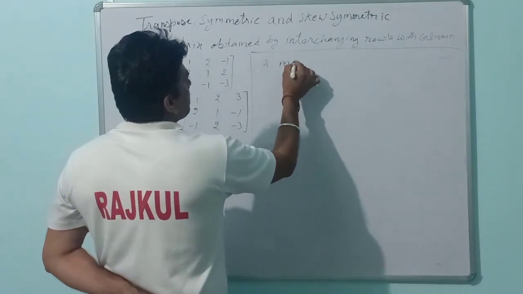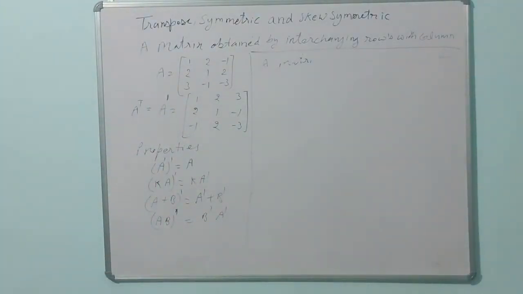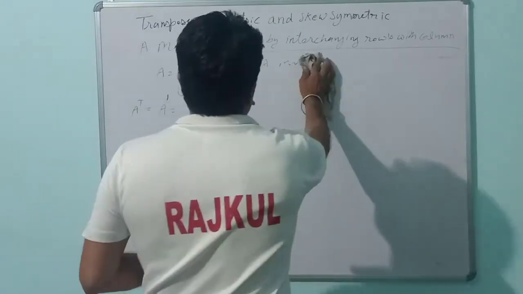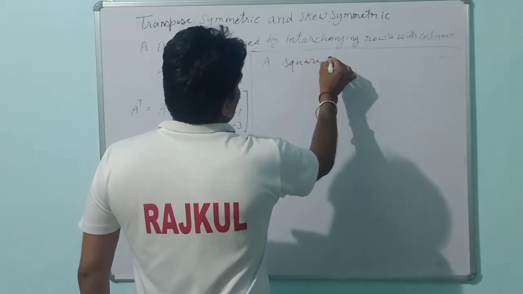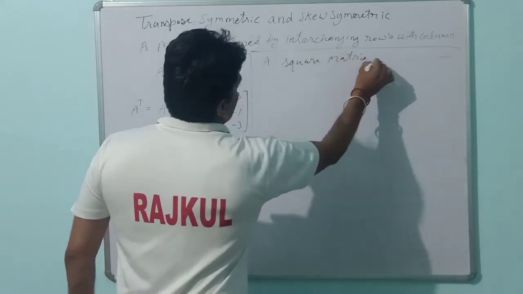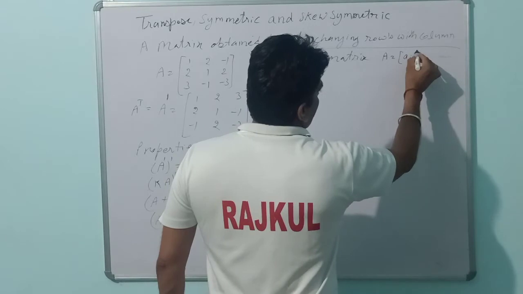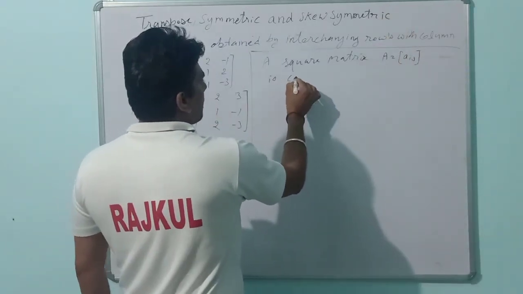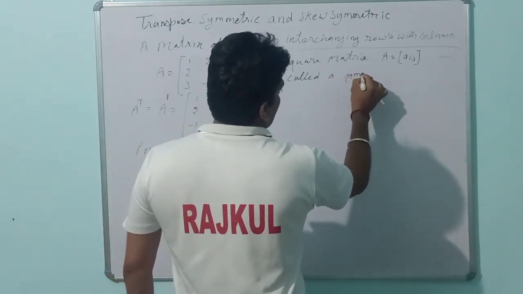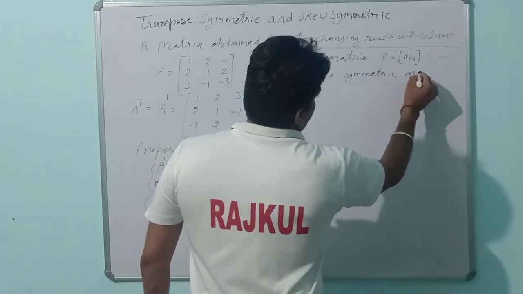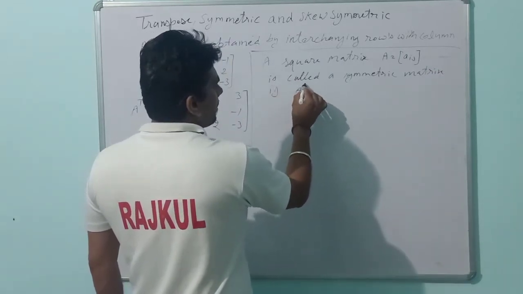A matrix और a square matrix A equal to Aij is called a symmetric matrix if A transpose is A.